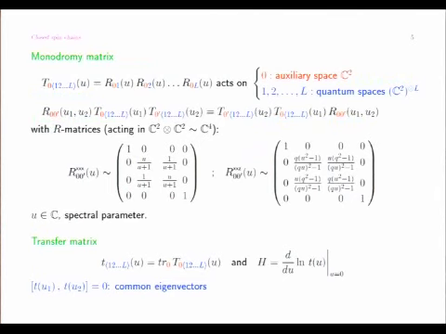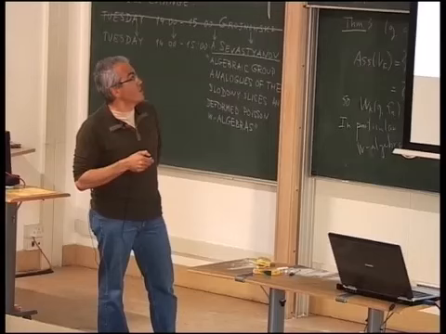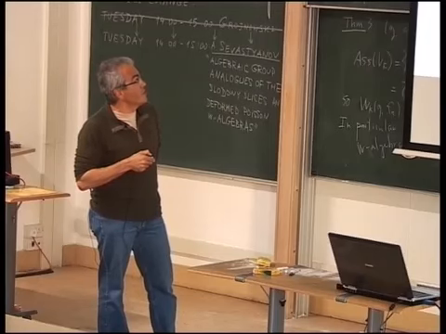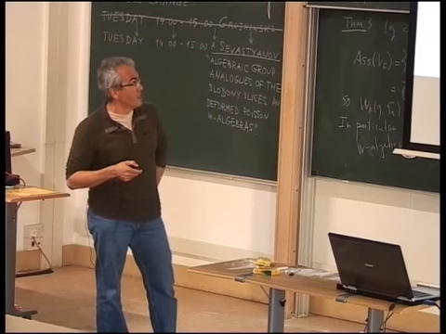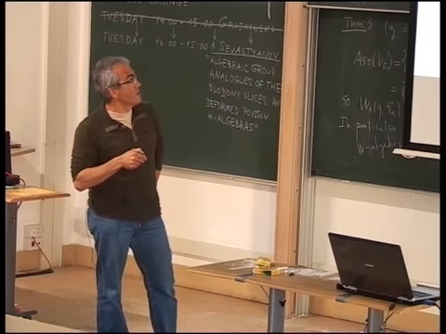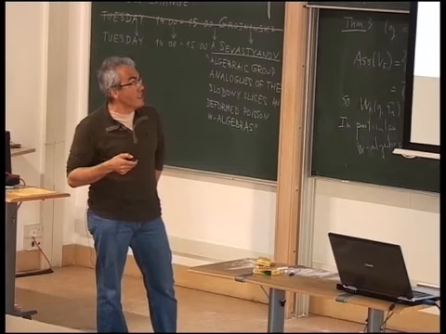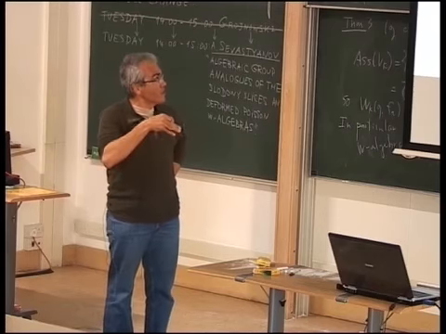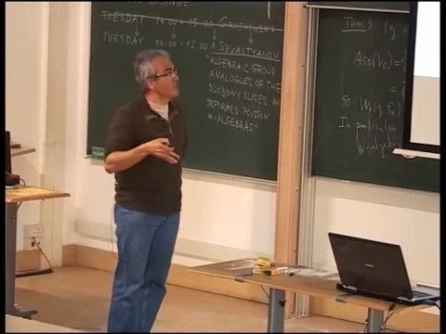Okay, so to compute these eigenvectors and eigenvalues, you introduce the monodromy matrix, which is a product of so-called R matrices that you have heard of, I guess. It acts on the quantum spaces, the sites 1 to L I was speaking about before, and plus another auxiliary space, which is also C2, but which is not related directly to the chain.